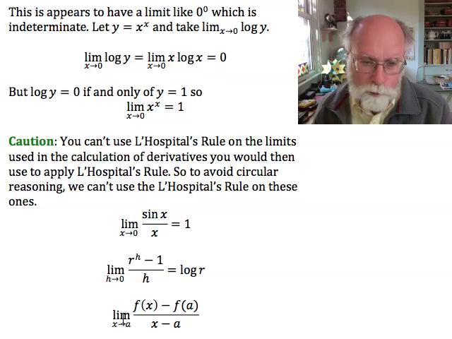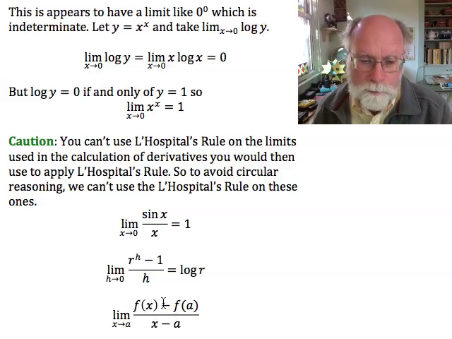It's very clear when you look at this last example. Where have you seen this before? Well, that's the definition of the derivative of f evaluated at a. But it is an indeterminate form. As x goes to a, the numerator goes to 0 and the denominator goes to 0.